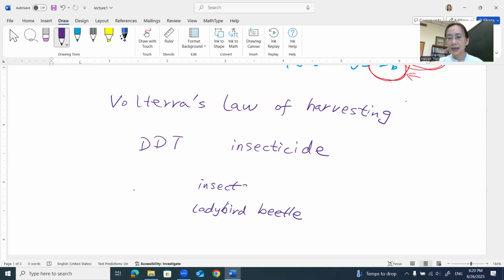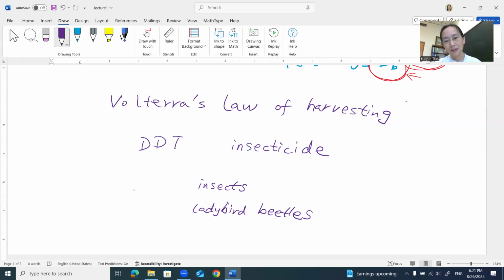So when people applied the DDT, which is a poisonous product, the intention of applying DDT is to kill insects. However, they killed ladybird beetles at the same time.